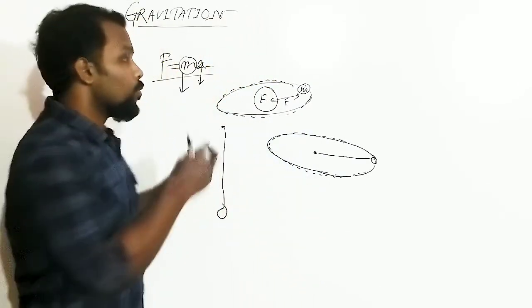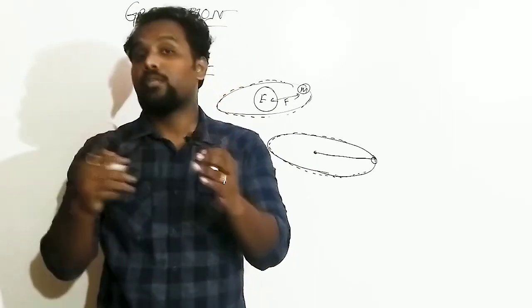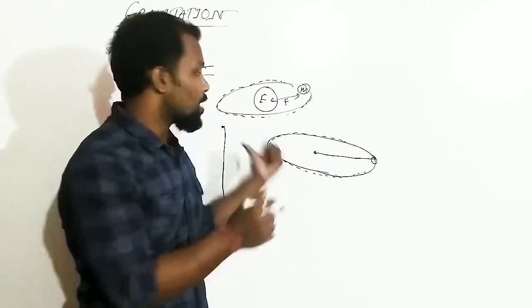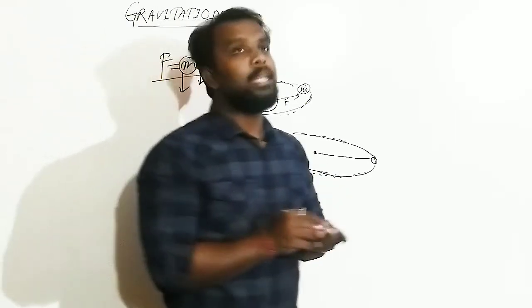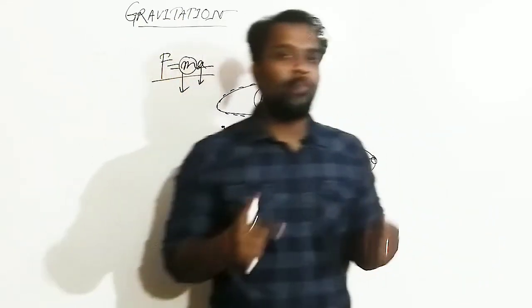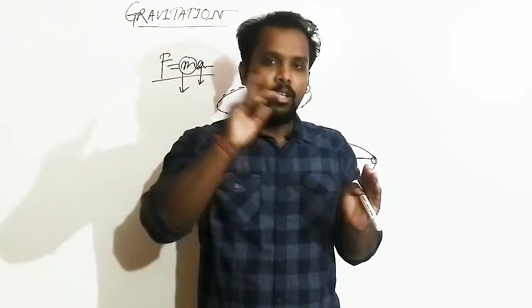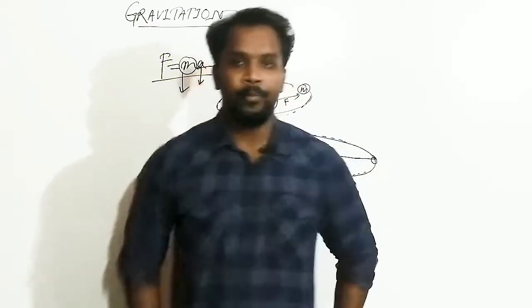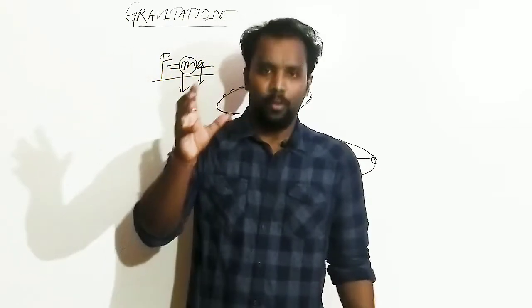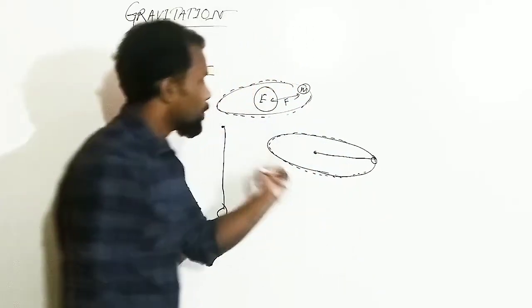What was actually changing during that circular motion? We discussed that while we were discussing uniform circular motion. Whenever we discuss uniform circular motion, the velocity is going to change at every point in this circular path, right?